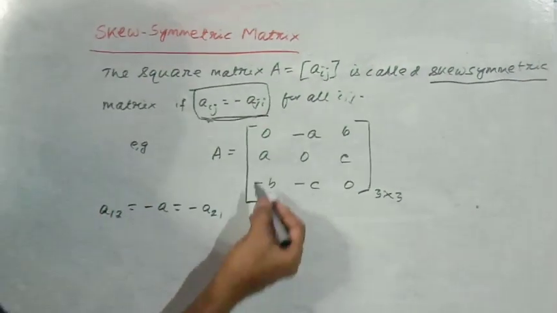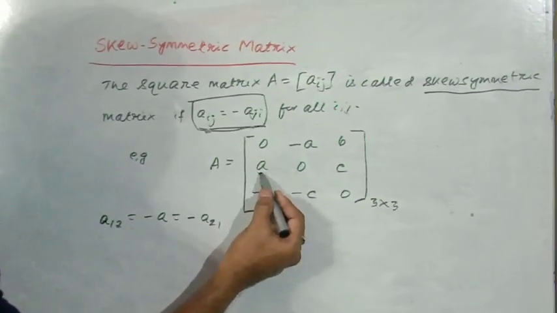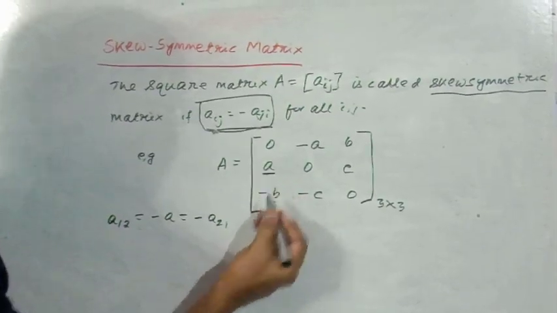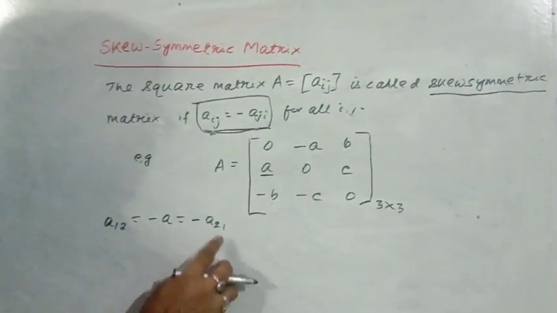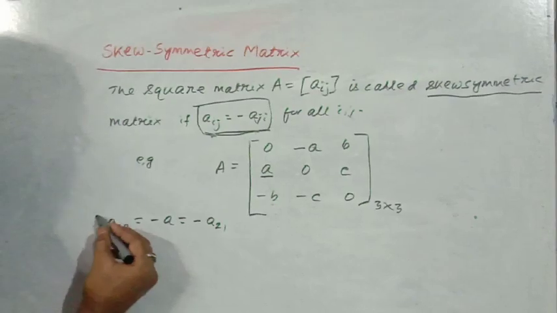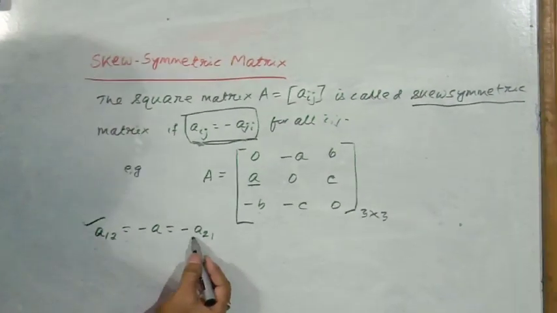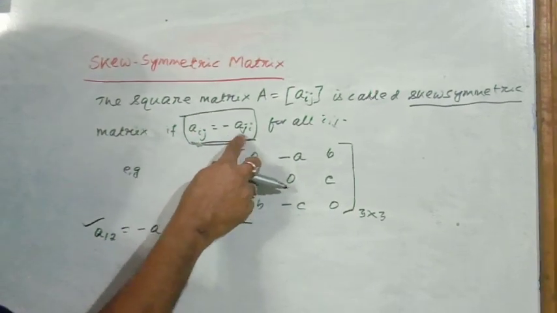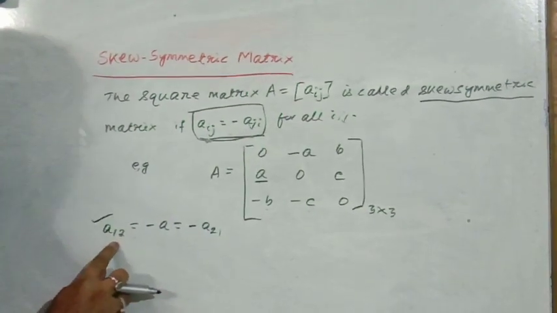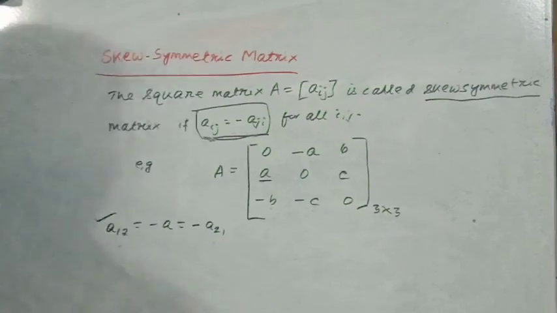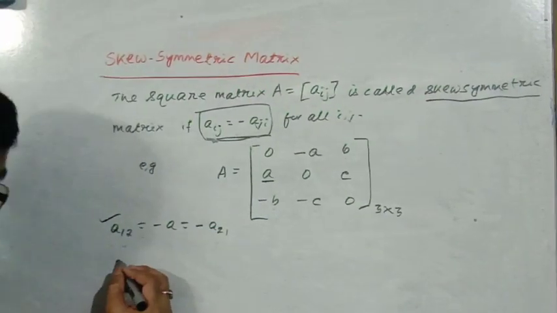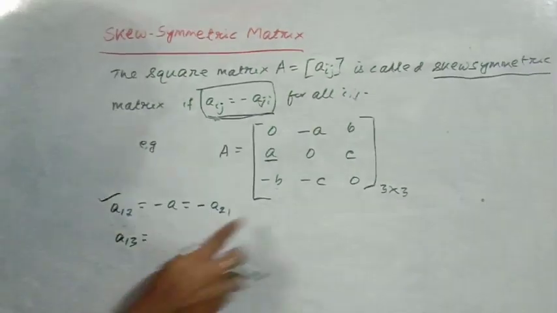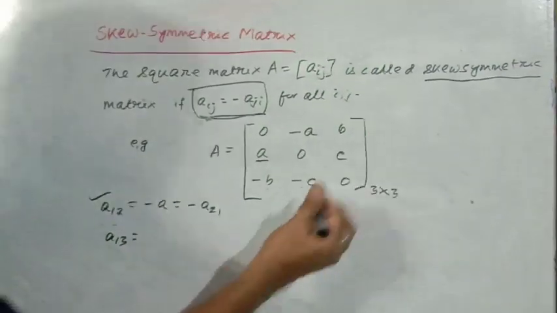The A21 element belongs to the second row and first column, that is a. So it is minus of A21. So it satisfies the condition A12 is equal to minus A21. Similarly, we can take A13. In this matrix A13 is equal to b.